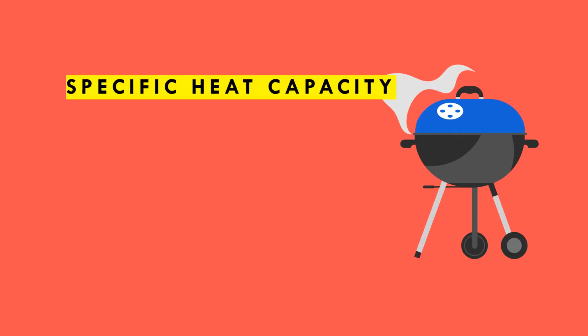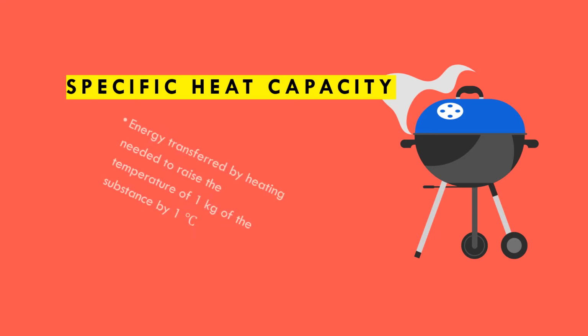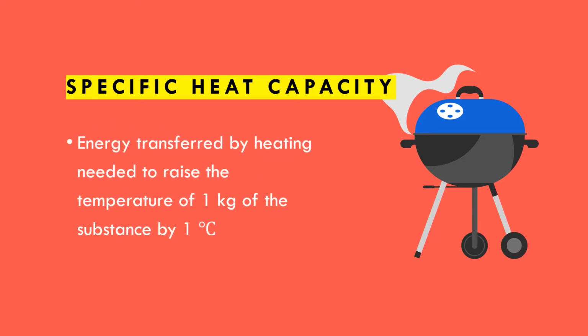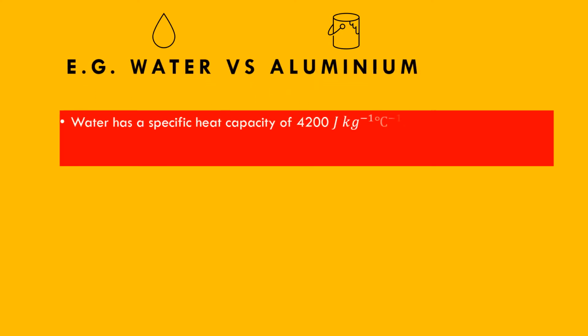Specific heat capacity is the energy transferred by heating needed to raise the temperature of 1 kg of the substance by 1 degree Celsius. Sounds complicated? Let's have a look at the following example. Water has a specific heat capacity of 4200 joules per kg per degree Celsius, and aluminium has a specific heat capacity of 900 joules per kg per degree Celsius.